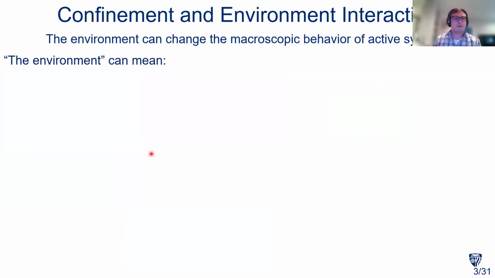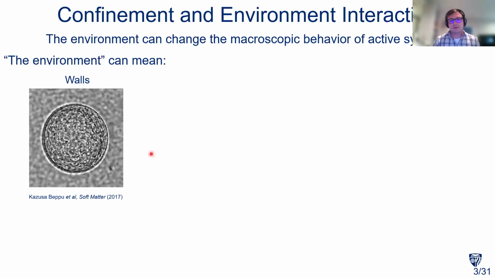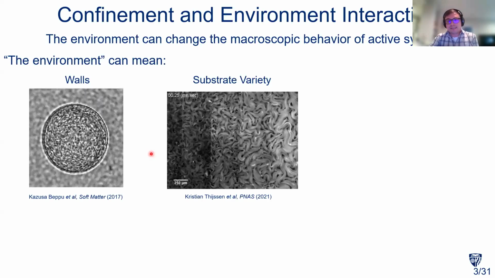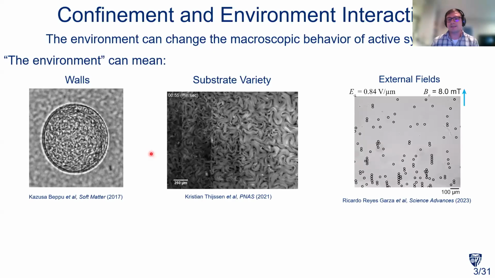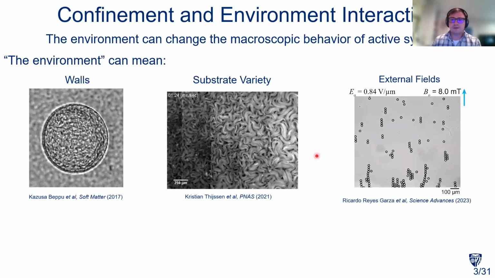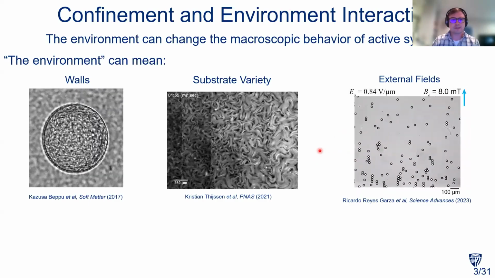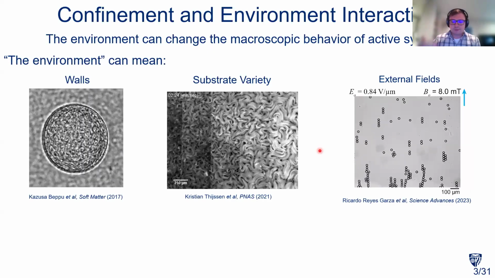What I mean by the environment here is maybe pretty broad. This can be hard boundaries or walls. It can be changing the thing that the active fluid sits on, the substrate, or it can even be applying external fields to the system, like an electric or magnetic field, which can change the underlying behavior of the system. There are different levels of questions we can ask about this.